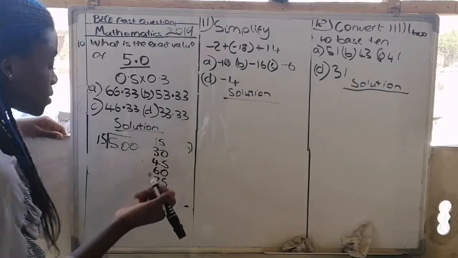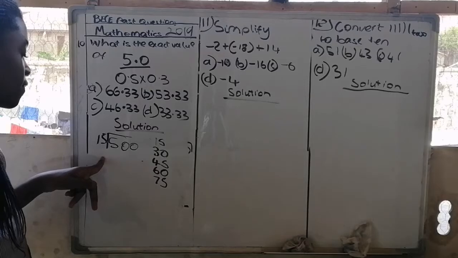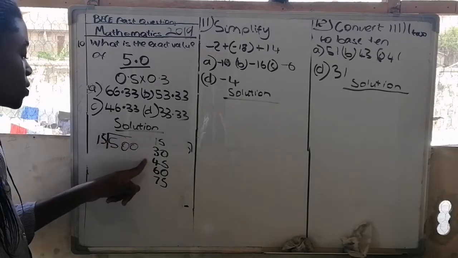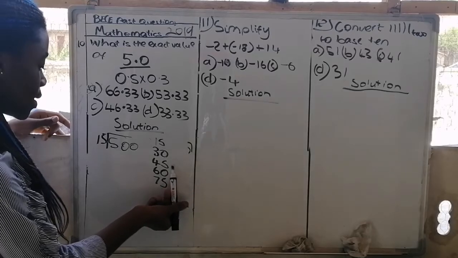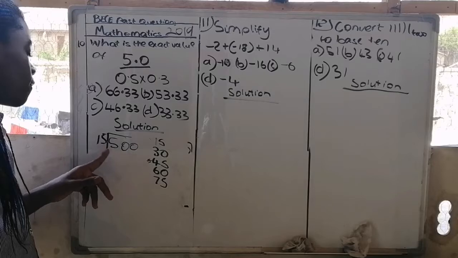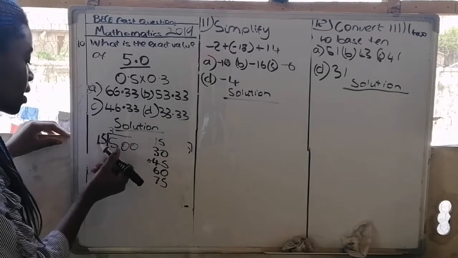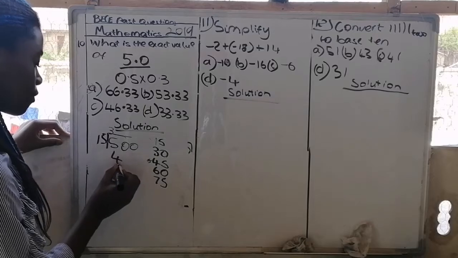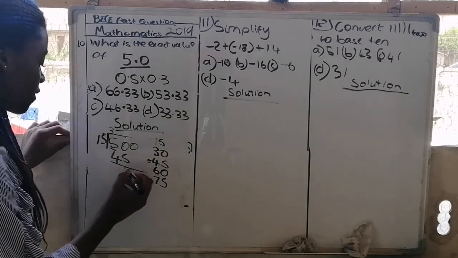So let's stop here. What here is closer to 50? 15, 30, 45, it's 45. So that means 50 divided by 15 is 3. So now 3 times 15 is 45. So now 50 minus 45 is 5.